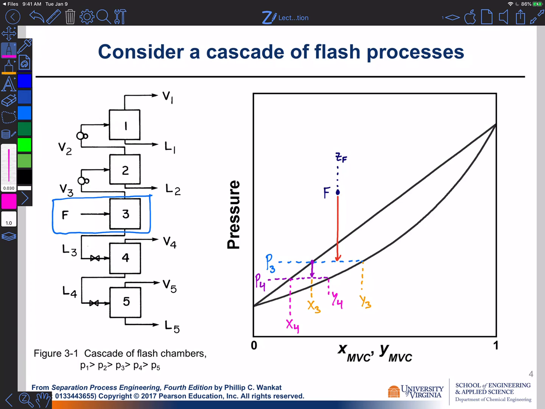Likewise, we could come in and take the vapor coming off of drum number 3, and we could recompress that to some extent. We do a little bit of what we're going to consider to be a cyclic process here. We could recompress that up to some point, and then reduce that pressure to come back down to some intermediate pressure where, again, we would get some element of phase separation.